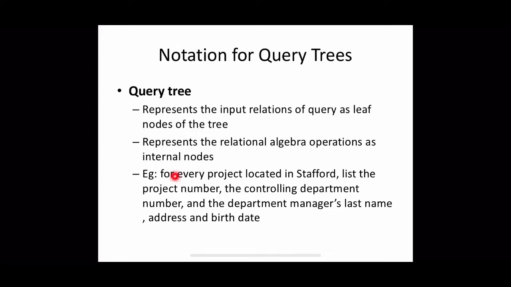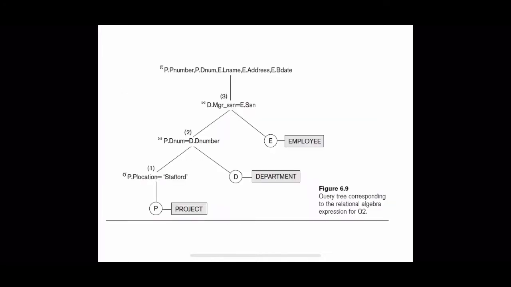For example, suppose we have a query like this. For every project located in Stafford, list the project number, the controlling department number, and the department manager's last name, address, and birth date. This is the query. Let us see how it is expressed as a query tree. So the input relations are represented as leaf nodes.